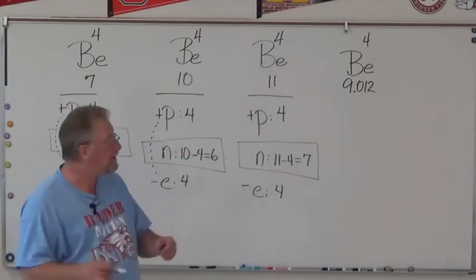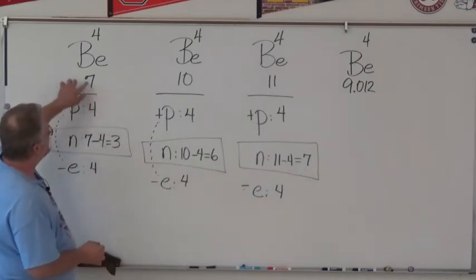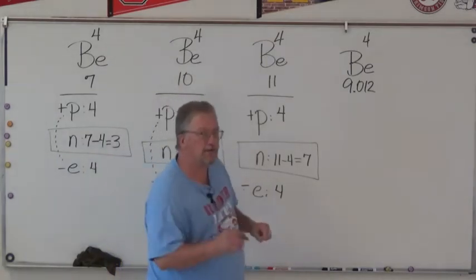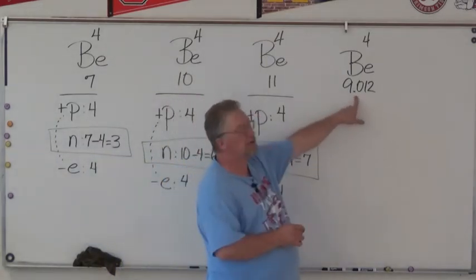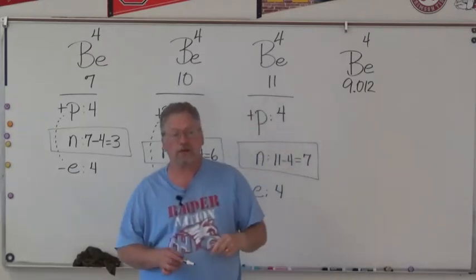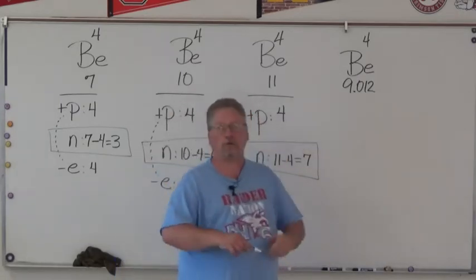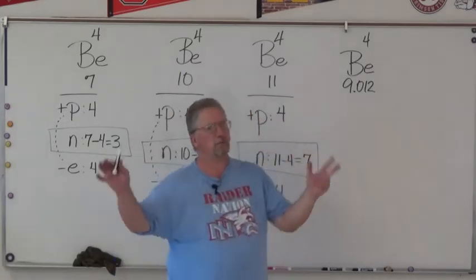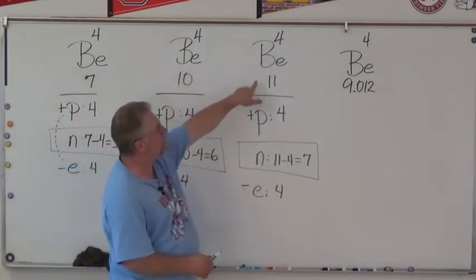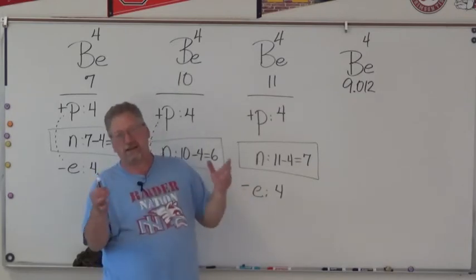Okay? It's crazy. Now, while we got this up here, see, this one's got a mass of 7, this one's got a mass of 10, this one's got a mass of 11. Now, this is a good time for me to tell you why this number is so odd. Why has it got a decimal on it? It's because if you want to figure out what mass to put in there, what we do is we go out in nature, we find all the different kinds of beryllium that we can, we measure the mass of each one of them, we record it, and then we do what's called a weighted mean, or basically taking an average.